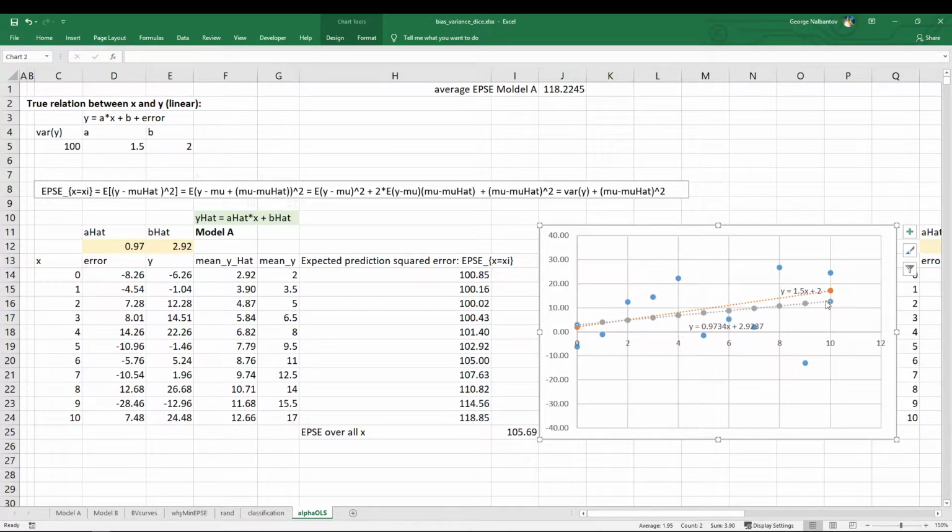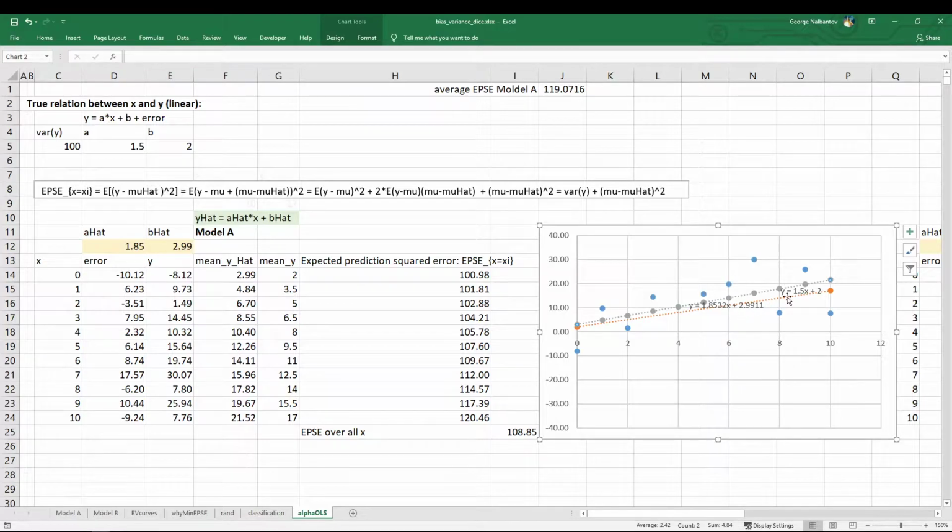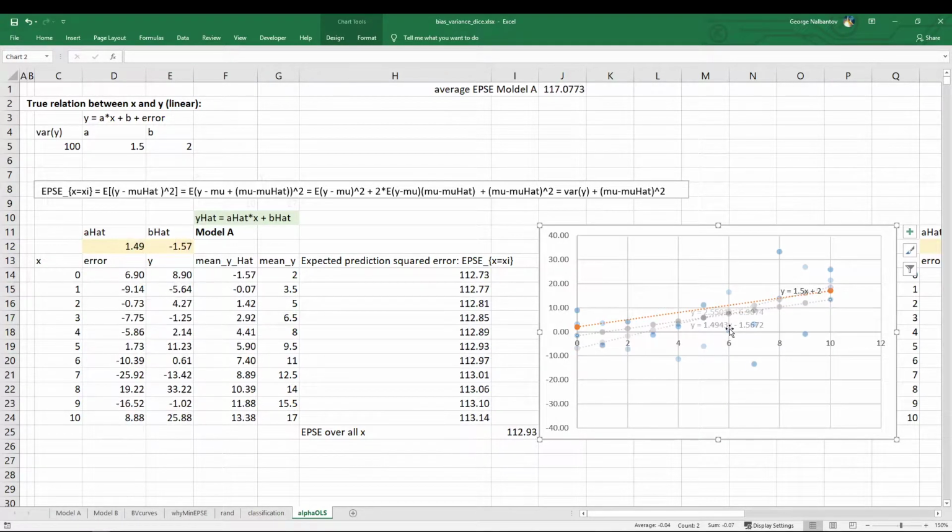So if we fix the line, at each point, let's say x equals 6, we'll have lots of points. So each time we have a training, a test set. So we have another point that is generated around the orange line. And our prediction is fixed.